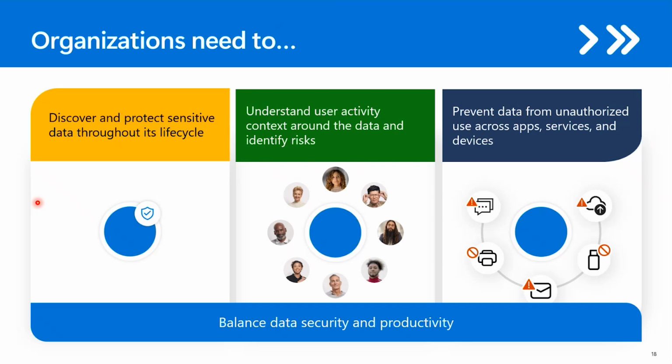Now, the important thing here is that through the use of these sensitivity labels, we're able to protect sensitive data throughout its life cycle. In other words, it really doesn't matter where it exists, where it came from, or where it's going, or even how it's accessed. The idea is that we always want to protect what's contained inside that document.